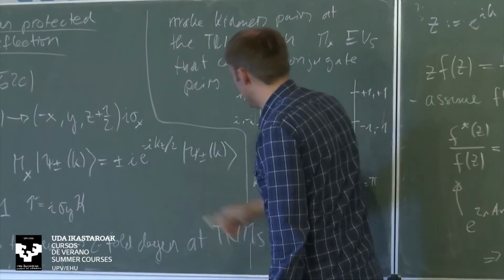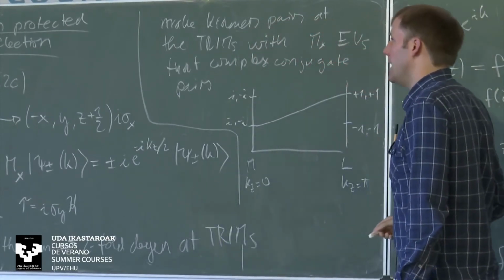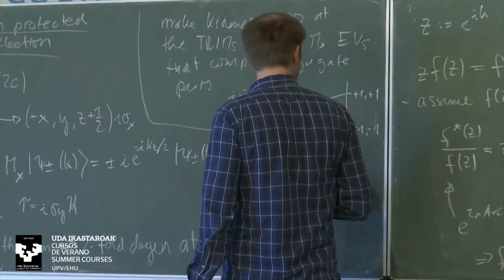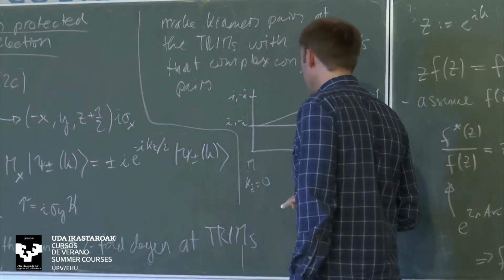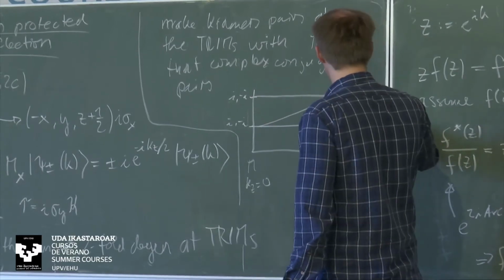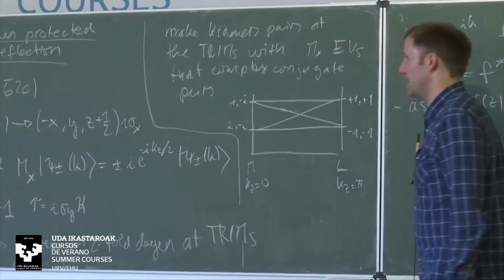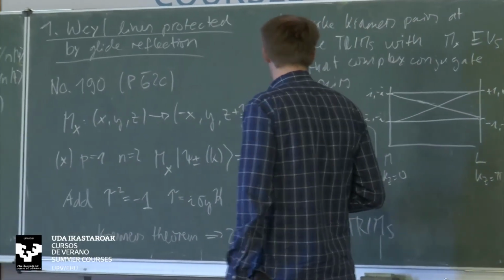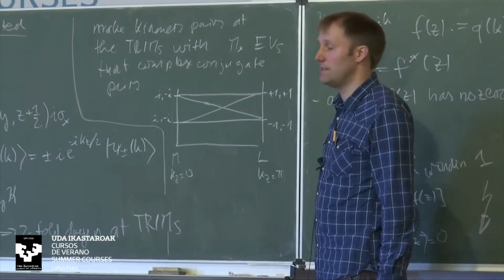So the eigenvalue basically winds, and I have to go from here to here. And similarly for the minus i state, the minus i state goes now to minus 1. So the plus i state goes to plus 1, and the minus i state goes to minus 1. So I can only connect this in such a way with a band crossing. There's no other way how I can connect these bands along this invariant line. I will always have at least one band crossing.